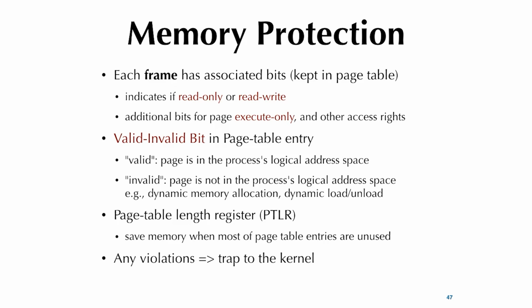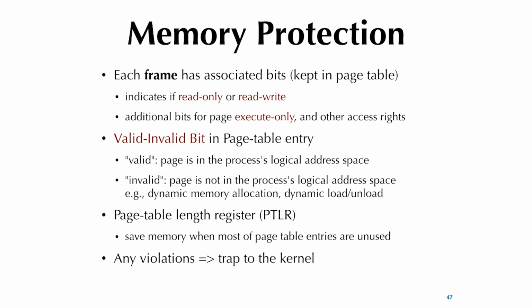Another important thing is what's called the valid-invalid bit in the page table entry, and that also gets loaded into your TLB. That indicates whether the page has been allocated or not. So what would be an example? We've seen the case of dynamic loading, dynamic memory allocation.